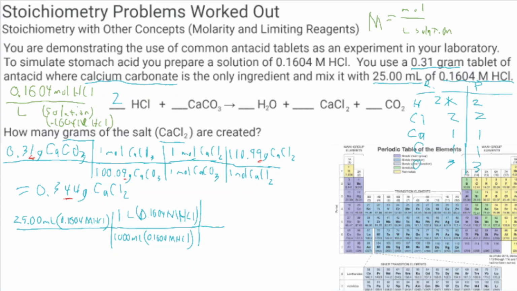So we're going to say for every 1 liter of this solution of 0.1604 molar HCl, we have 0.1604 moles of HCl.